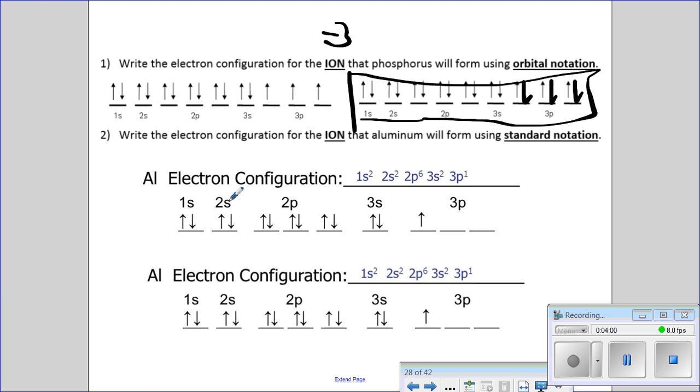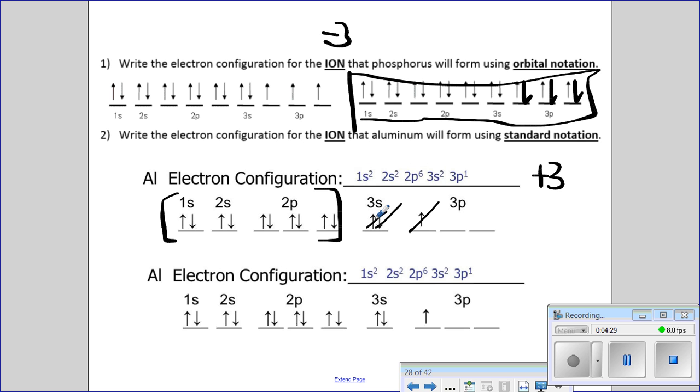Aluminum makes a +3 ion, which means 3 electrons are lost. So if aluminum is to lose 1, 2, 3 electrons like that, what is remaining would look like the neon atom.